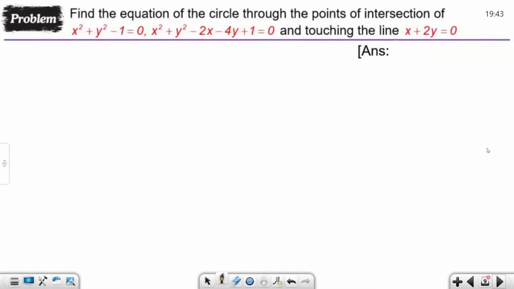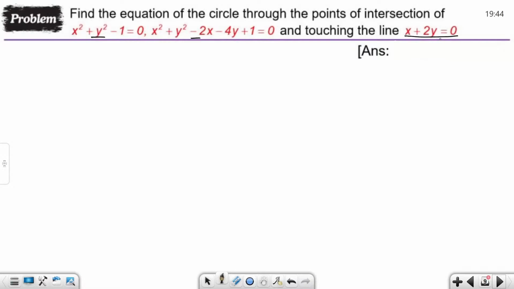In this question they have asked, find the equation of the circle through the point of intersection of these 2 given circles and touching the line x plus 2y equals to 0. What do you mean by that? You have to find the equation of the circle which is passing through the point of intersection of these 2 given circles and touching the line x plus 2y equals to 0.